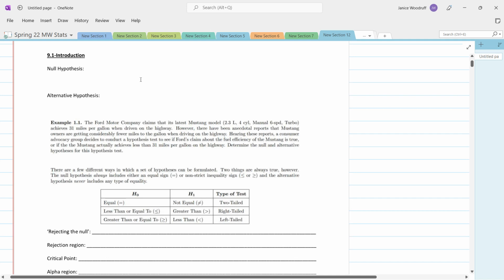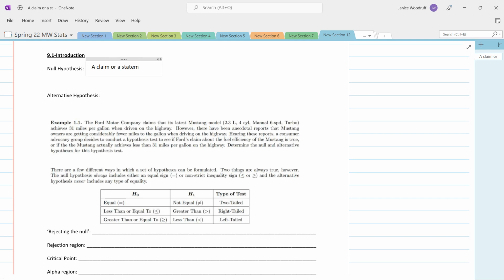You have the null hypothesis, which is going to be a claim or a statement made about a population parameter that is assumed true. Okay, in other words, it is the status quo.